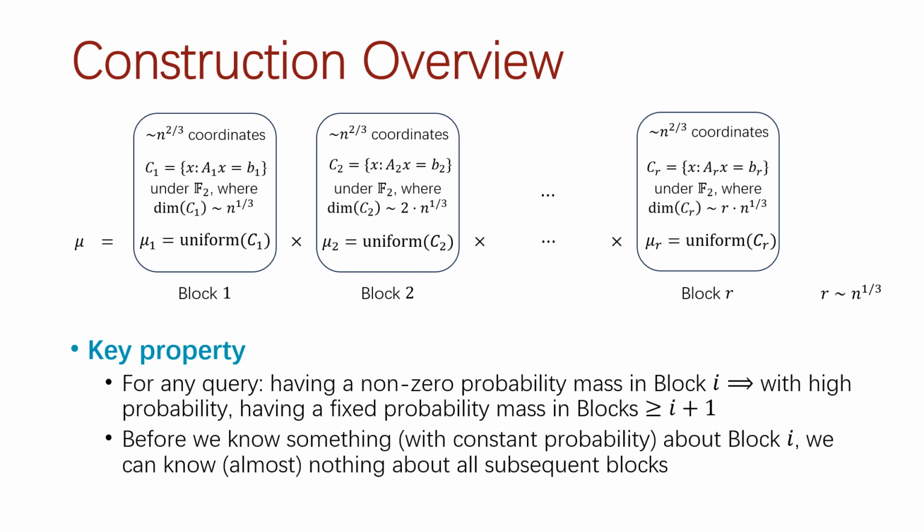This implies that before we know something about block i, we can know almost nothing about all the subsequent blocks. All algorithms can then only learn the blocks one by one and have round complexity around n to the 1/3.